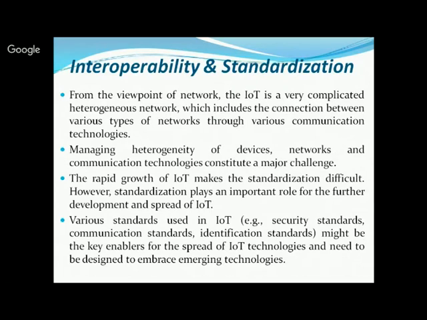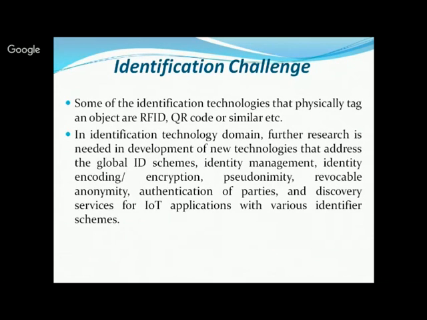This is one of the standards we use in IoT, but still there are so many standards you may work on, such as the security standard, communication standard, identification standard. Some two of my students are working on the security standard. We have picked up the security standard, but similarly you can pick up the identification standard also, because identification is one of the main challenges in IoT.